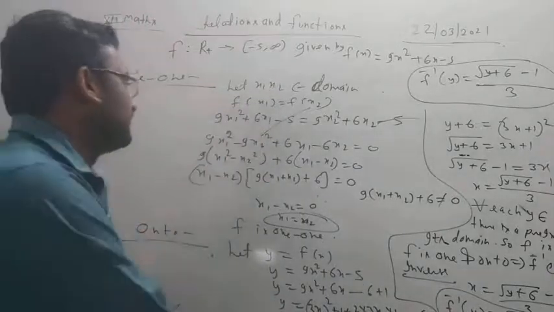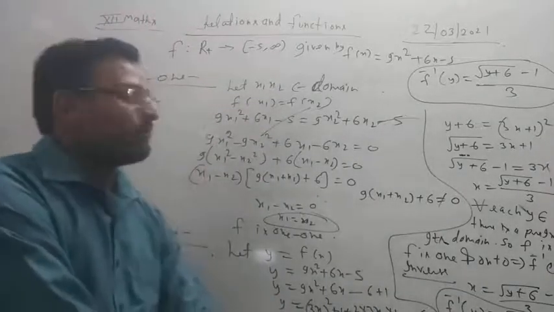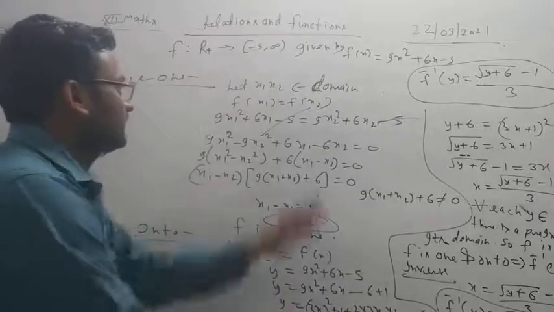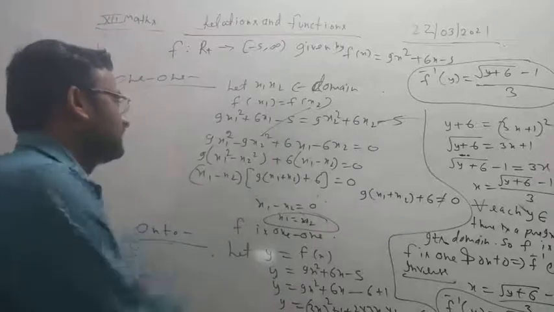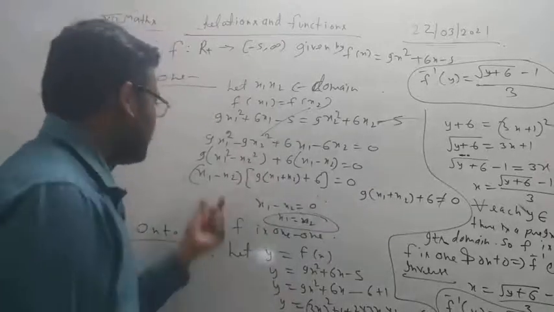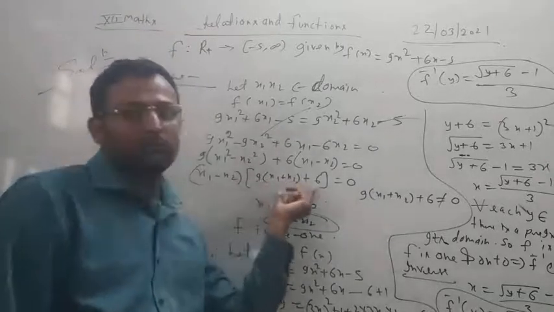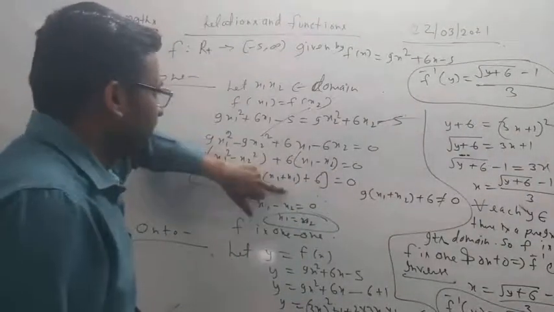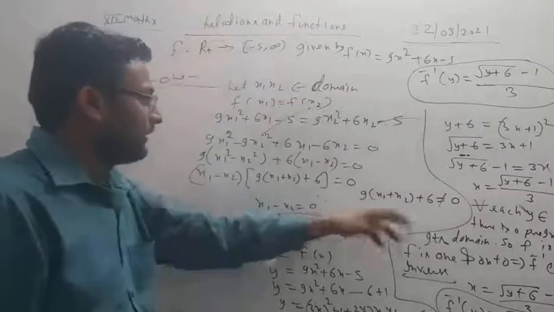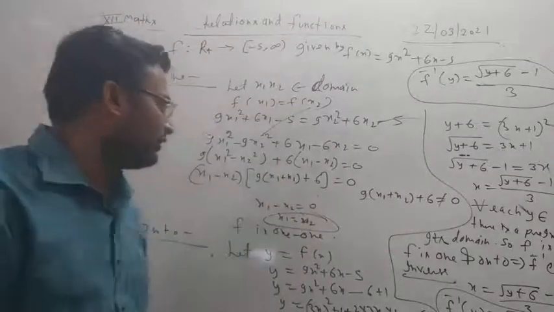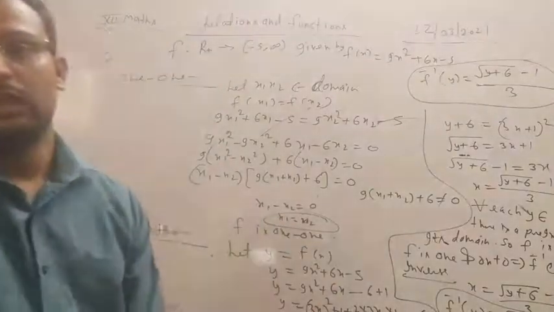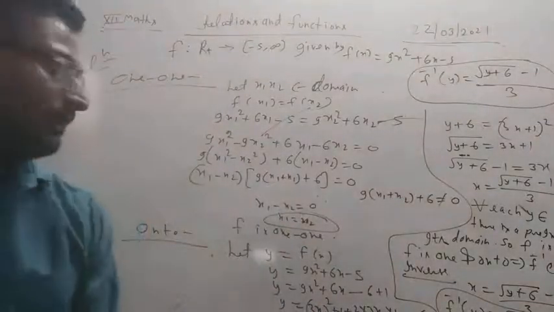From here 9x1 square plus 6x1 minus 5 is equal to 9x2 square plus 6x2 minus 5, and this part is cancelled and we take x1 minus x2 on the left hand side, and this part is positive because when we take two elements of this domain, it gives us a positive value, so this cannot be 0. So x1 is equal to x2, and we say that the function is 1-1.